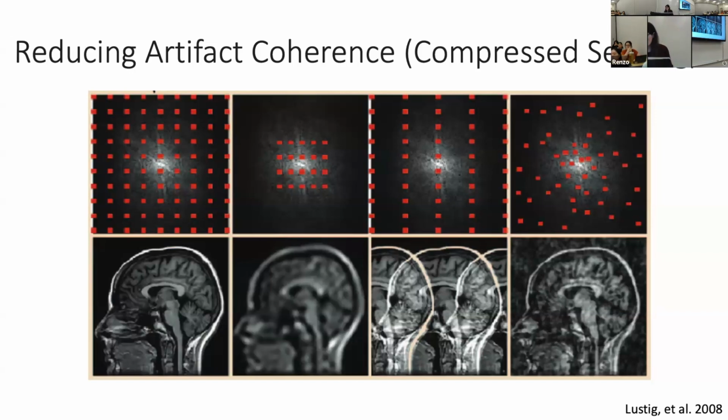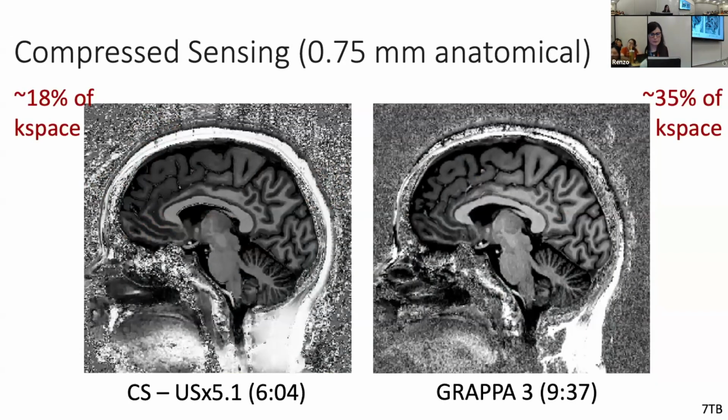And this is kind of cool because it allows you to push your acceleration further without as much loss as you would typically see, because you're trying to overcome artifacts. And I'll just give an example of this from some data that we collected very recently. On 7T-B, which is our Terra 7T, we have a compressed sensing algorithm for doing anatomical imaging at 7T.